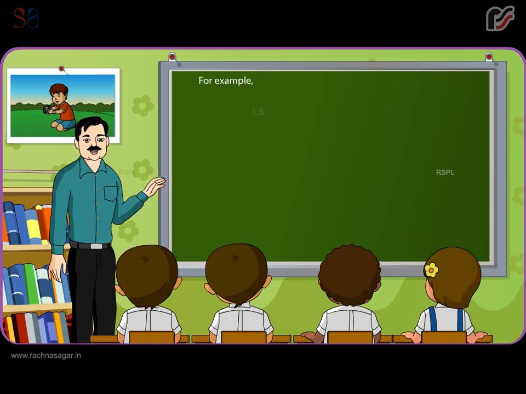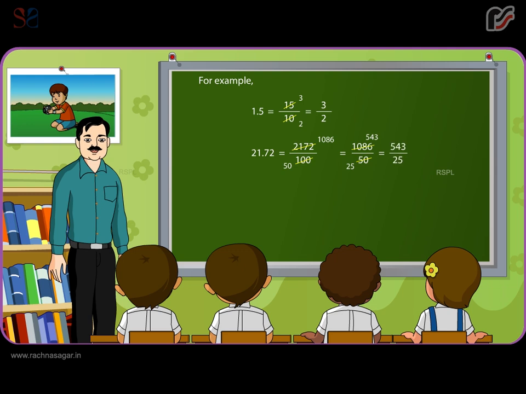For example, 1.5 is equal to 15 by 10, which is equal to 3 by 2. 21.72 is equal to 2172 by 100, which is equal to 1086 by 50, which is equal to 543 by 25.